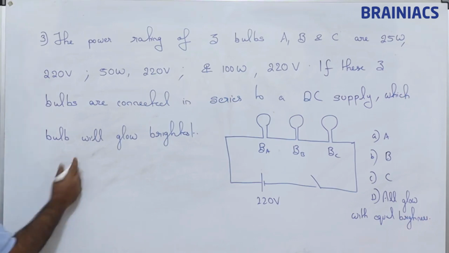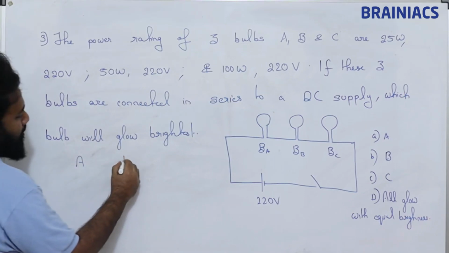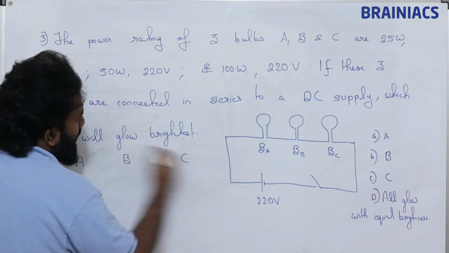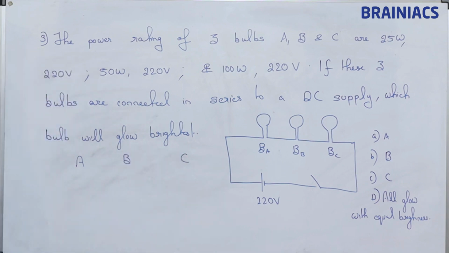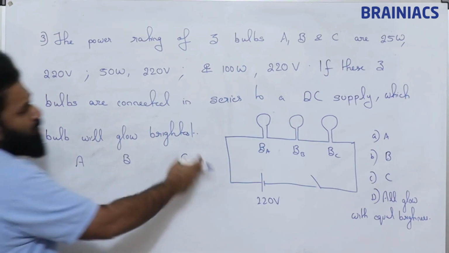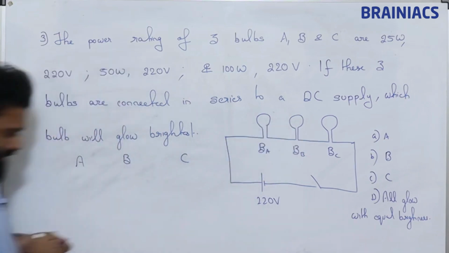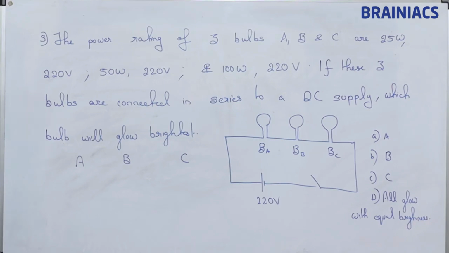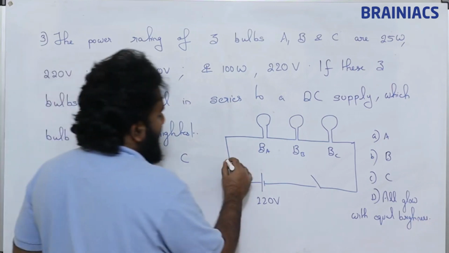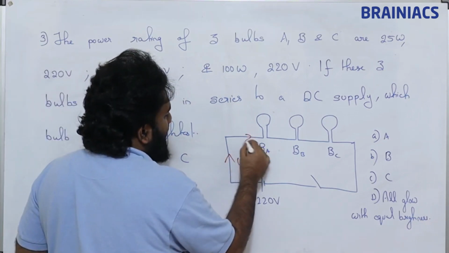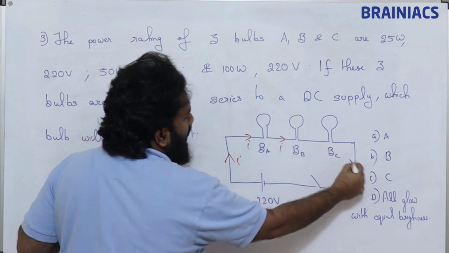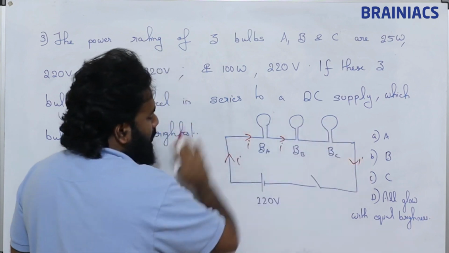So how will we solve this? Bulb A, bulb B, bulb C. Since the same current is going to flow through these, suppose we find the current I, the same current will be flowing through the circuit.